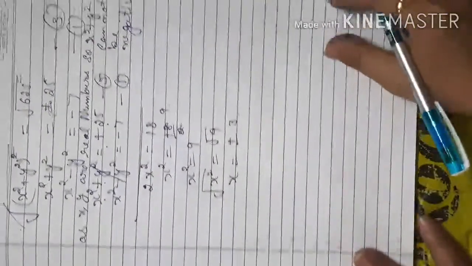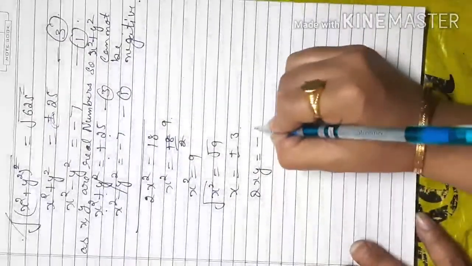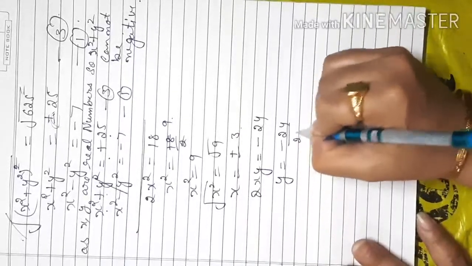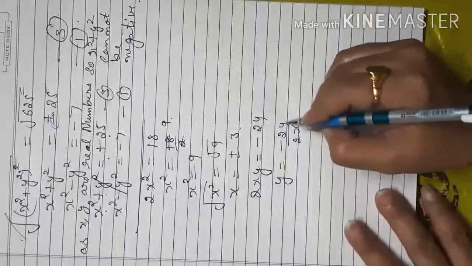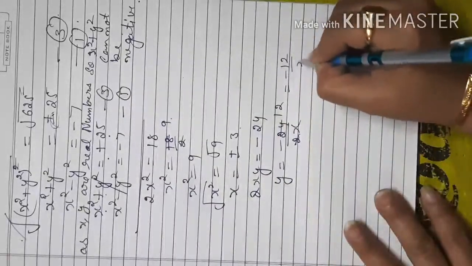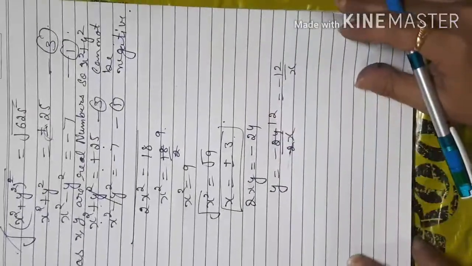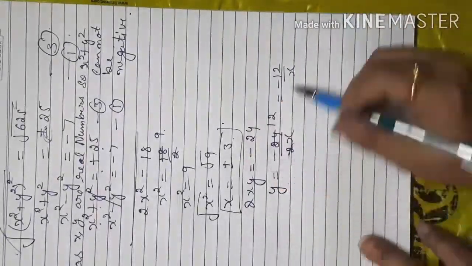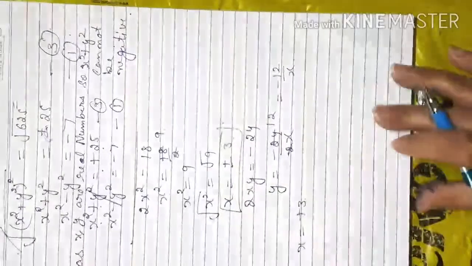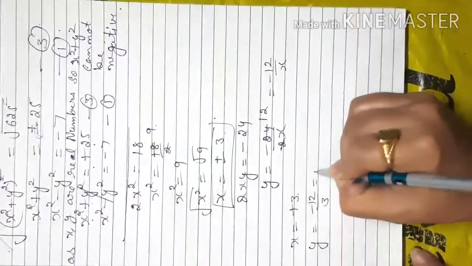My second equation was 2xy is equal to minus 24. So my y will be minus 24 by 2x, which will be minus 12 by x. Now I apply both x values, one positive and one negative. If x is equal to plus 3, then y is equal to minus 12 by 3, which is minus 4.